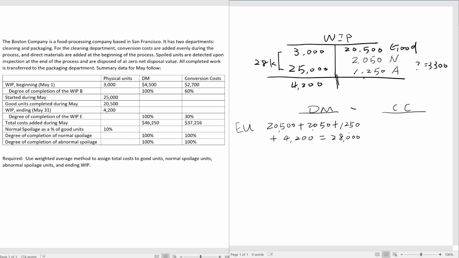Note that 4,200 units are 100% materials used, thus no changes.